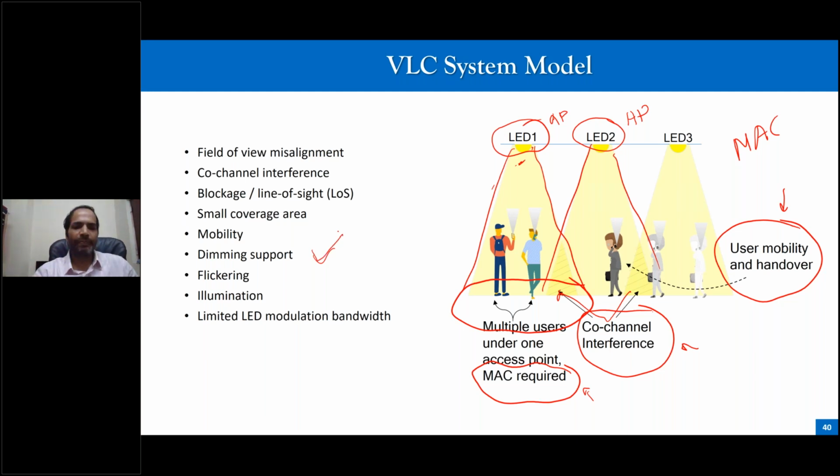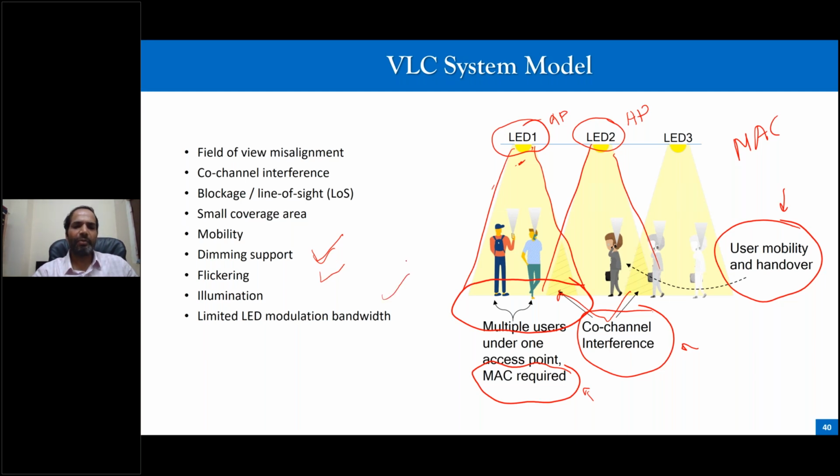That's one challenge. We need to get rid of flickering, because if the data rate is very small or there are long trains of ones and zeros, and you're modulating LEDs, the LEDs may begin to flicker, and that's bad. So flickering, we have to get rid of it. We have to enable dimming support.